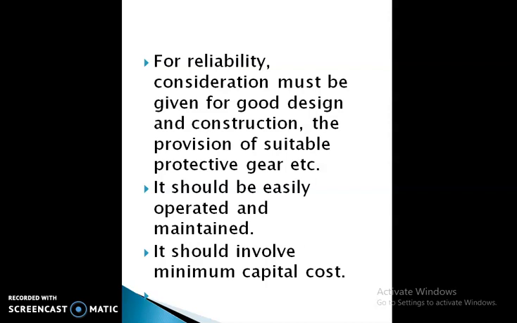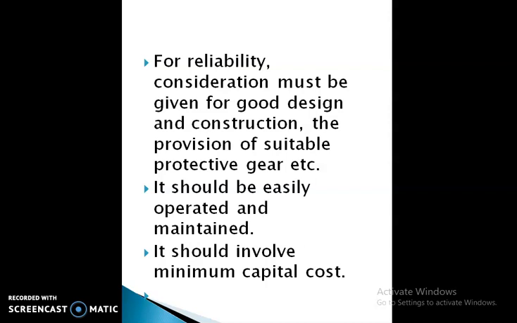Next, it should be easily operated and maintained. From the maintenance and operation point of view, it should be easy to maintain and easy to operate. These are important points for considering while laying out a substation.